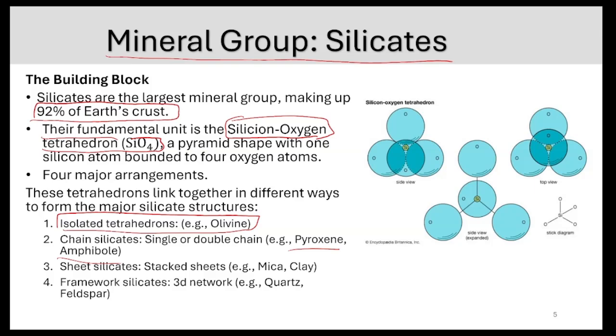And then sheets of this tetrahedron form minerals like mica or clay. And the 3D framework of silicon oxygen tetrahedron forms minerals like quartz and feldspar.